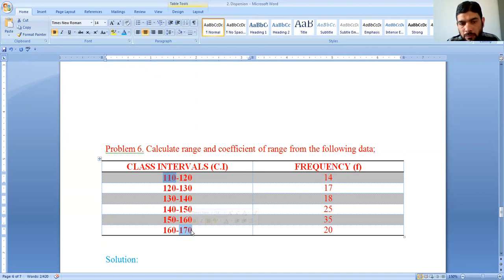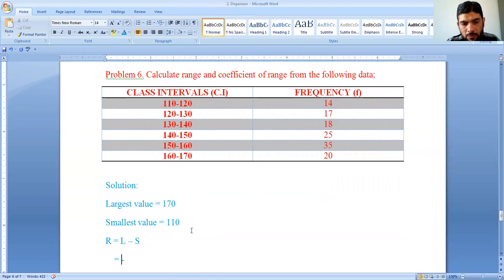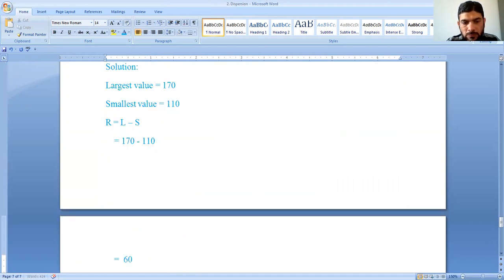From the first class interval we get the lowest value, and from the last class interval we get the largest value. So 170 is the largest one and 110 is the smallest one. That means 170 minus 110 will be 60 as the answer.